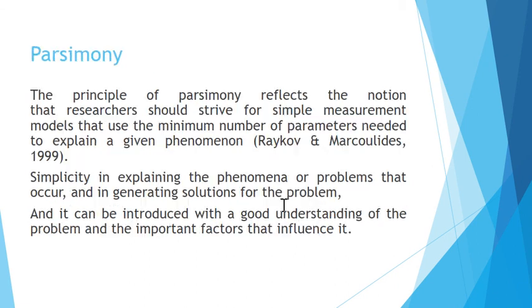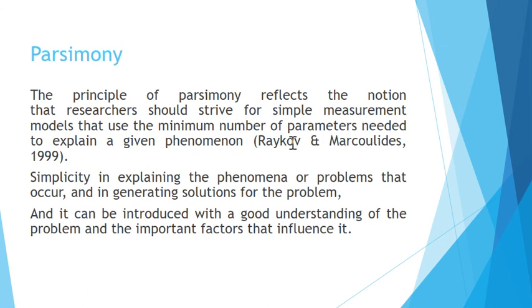Okay, class. The next is parsimony. The principle of parsimony reflects the notion that researchers should strive for simple measurement models that use the minimum number of parameters needed to explain a given phenomenon.